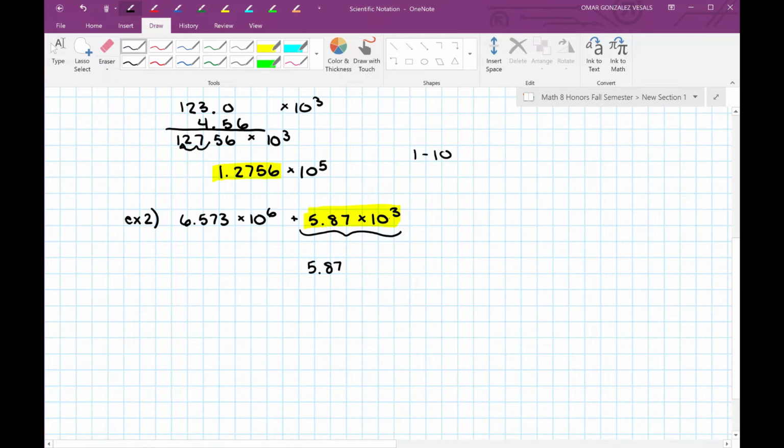Times 10 to the 3rd tells me to move which way on my decimal? 1, 2, 3. So this is 5,870. But I want to make it times 10 to the 6th. So how many times am I going to have to move my decimal? 6 times, right? So it'd be 1, 2, 3, 4, 5, 6.